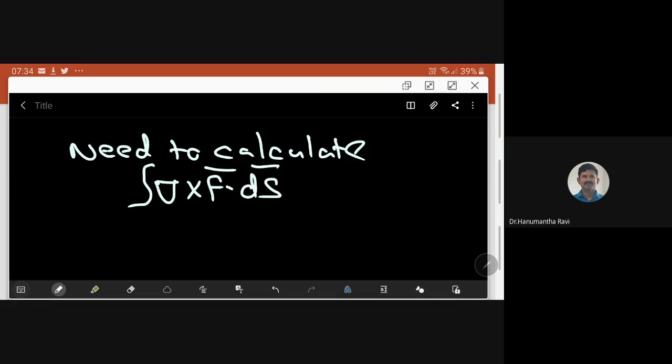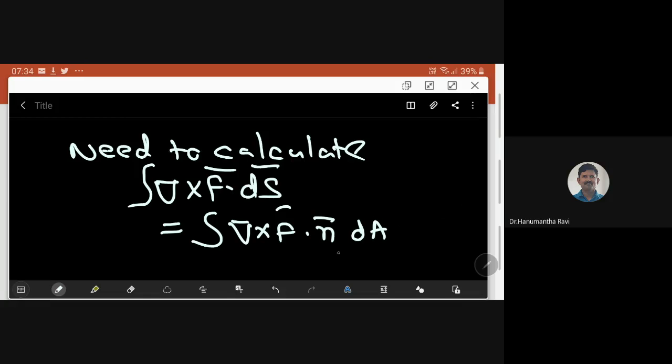Some people write S bar, some people write A bar, A for area, surface. We need to find the integral of curl of F bar dot n bar dA.